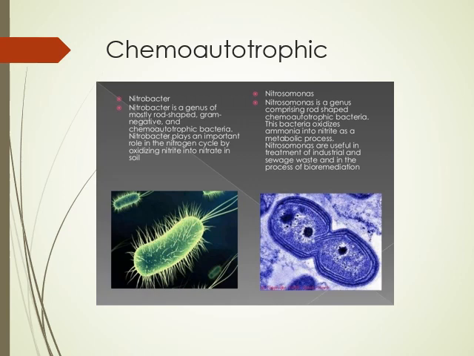Whereas Nitrosomonas, it's a rod shape as well. This bacteria oxidizes ammonia into nitrite in its metabolism, right? And Nitrosomonas are useful in the treatment of industrial and sewage waste and in the process of bioremediation.